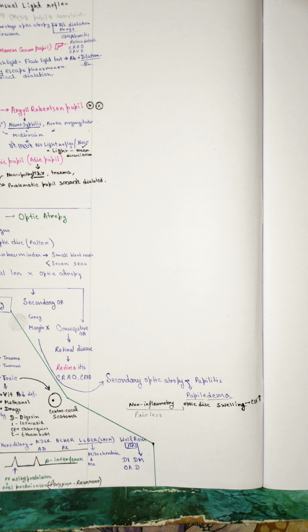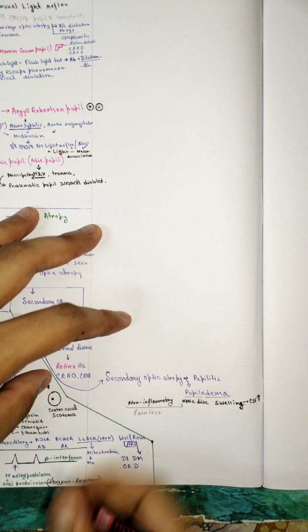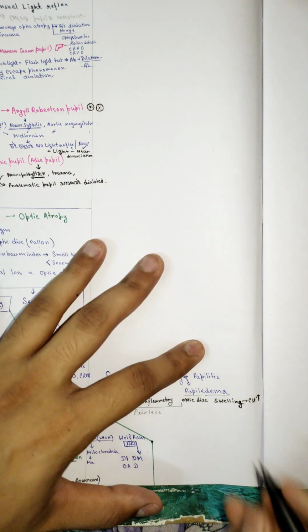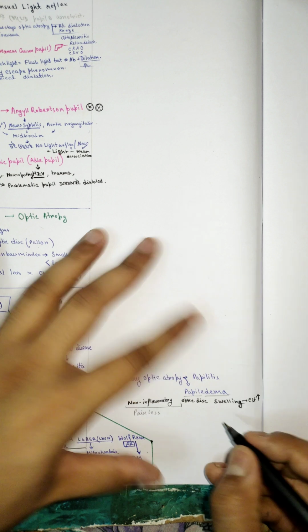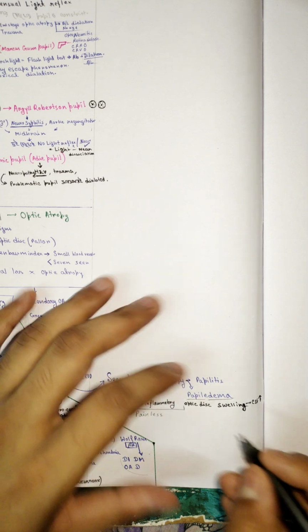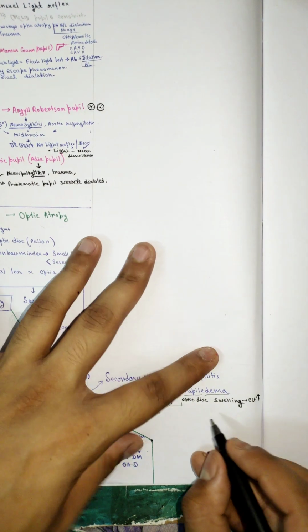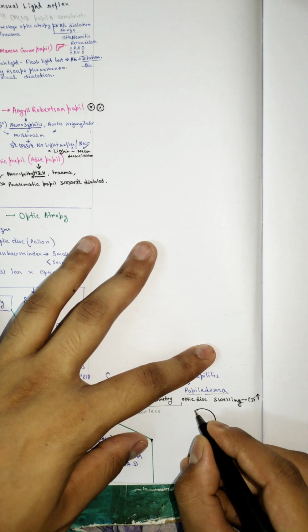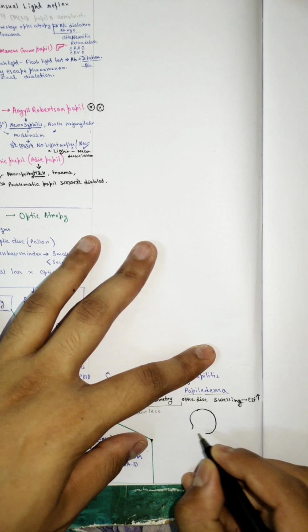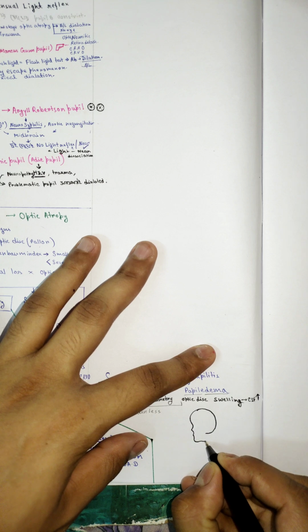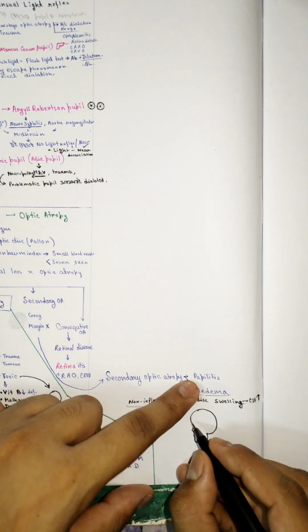Now comes the picture. Do I have this book making so many pictures? I don't, but I will do this. Let's make the copy first. It is my brain. Okay, this is my copy.